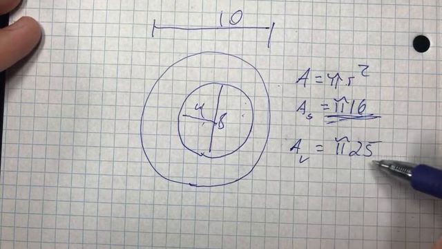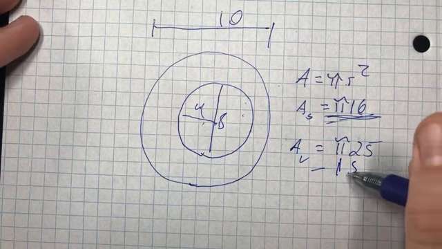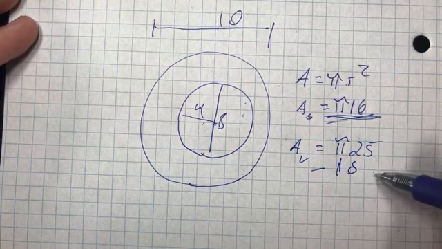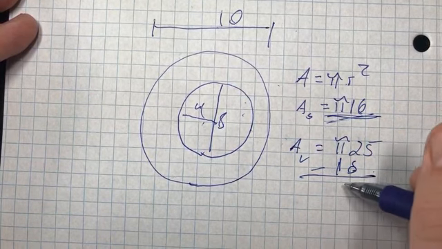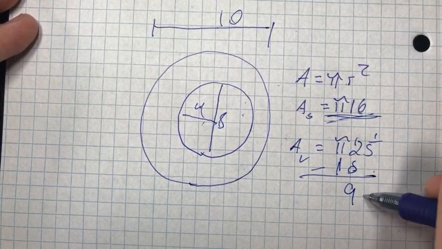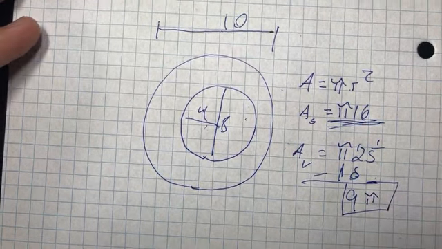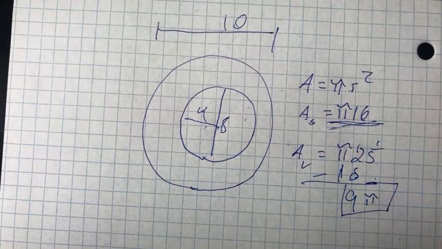So how much of this is covered? Well, 16 pi is covered. Wait, that's supposed to be a 6. There's that 9. There it is. You were supposed to subtract. Yeah, exactly, dude. That makes a lot of sense on how you got the number you did.